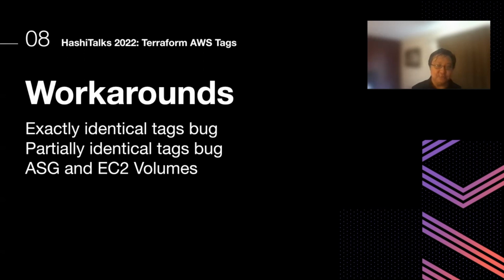So in order for default tags to work with these resources, you have to do special things along with it. The main idea is that you would get the default tags using the data source to either loop through it, access individual keys, plug it into where you need it to be.